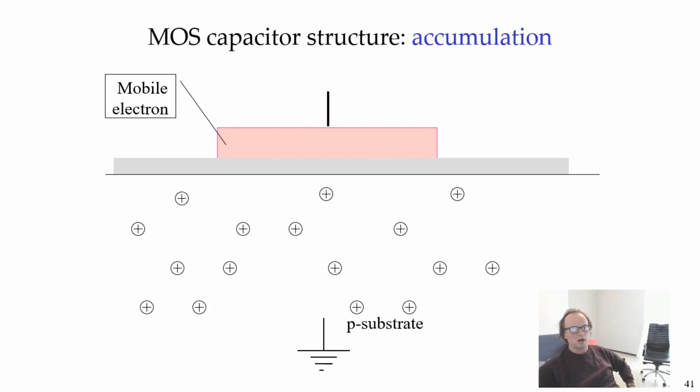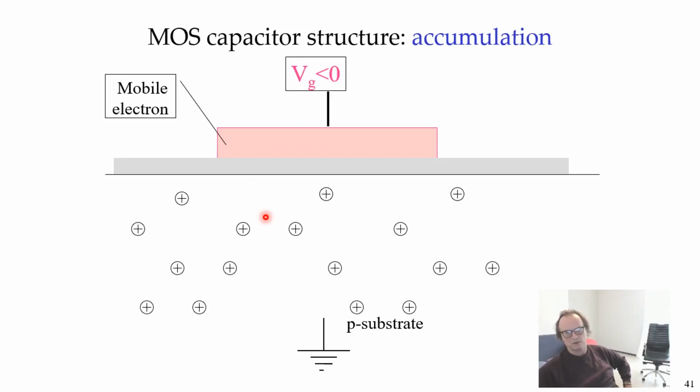Well, first we need to talk about something called, in this MOS capacitor structure, accumulation. What do you think that means? Accumulation is like getting more, accumulating stuff, like accumulating junk, accumulating money. In the same way, accumulation here refers to what happens at the surface when it becomes more P-type.